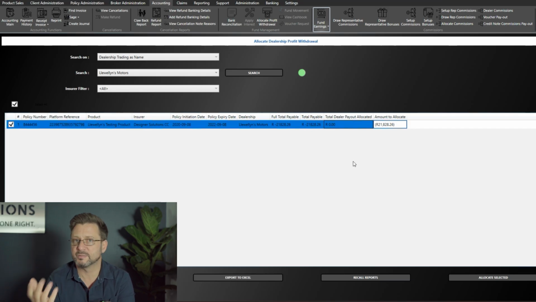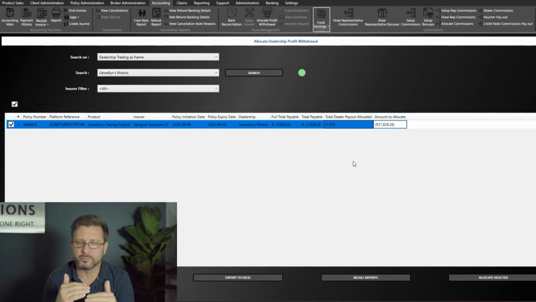As discussed in my introduction to Synaptic video, where we talk about the fund as an overall unit, we cannot judge funds on one policy alone because that's not equivocal. We need to look at all the policies that this dealership has sold, and at how we reclaim that.